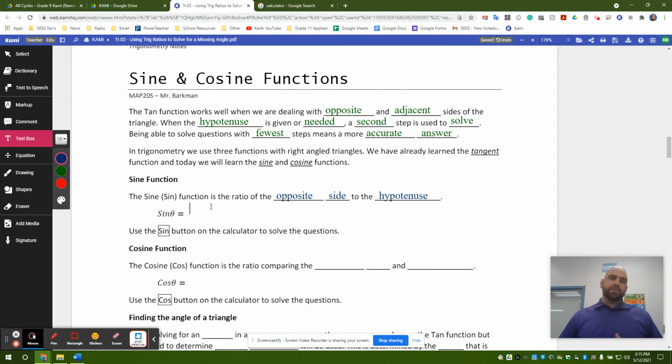Now our function, if we put it in there, is going to be the opposite side over the hypotenuse. There's our ratio. Just like we had a ratio with our tangent function, we also have a ratio with our sine function, and that is between the opposite and the hypotenuse. And again, we're going to use the sine button on our calculators to solve those questions, just like we use the tangent button on our calculators to solve tangent questions.